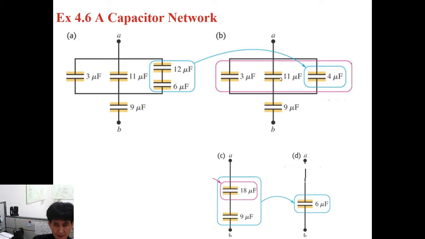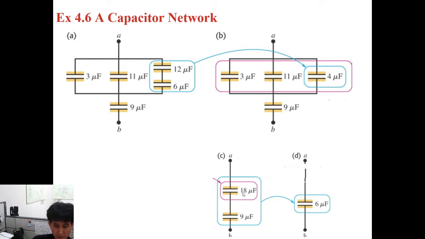And as these three are connected in parallel, we just add them: 3 plus 11 plus 4, that is 18 microfarad. And finally there is another capacitor connected in series.